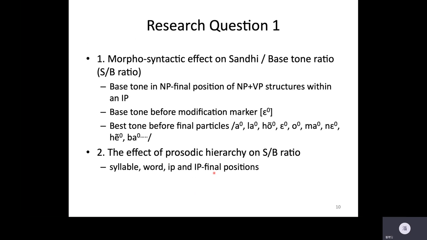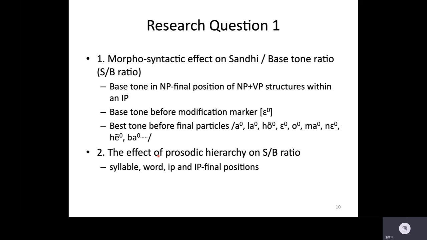To explore the first question regarding the morpho-syntactic impacts on Sandhi and bass tone alternation, we will compare the Sandhi to bass tone ratios before the modification marker and final particles.